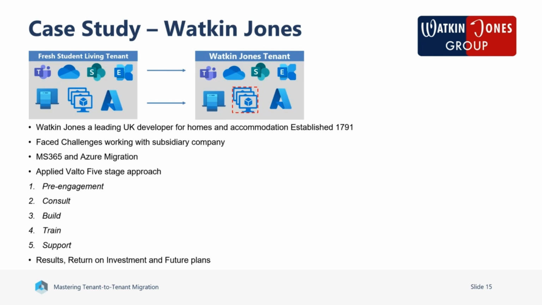So it was quite a headache for the IT teams operating those two tenancies. Also, Fresh Student Living users couldn't access the Watkin Jones domain. Watkin Jones had a large on-premise infrastructure, although most of it hosted on Azure, but there were a lot of applications and file servers that were needed there as well. There was also a large Azure subscription.